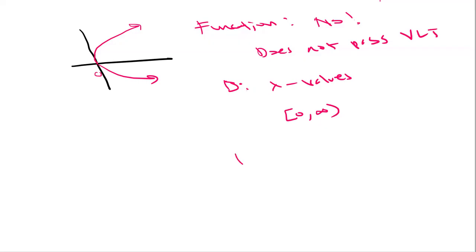And then the range here, this is going to keep going all the way to the negative side and all the way to the positive side. So in this case, the range will be all real numbers, because it goes infinitely in the negative direction and infinitely in the positive direction.